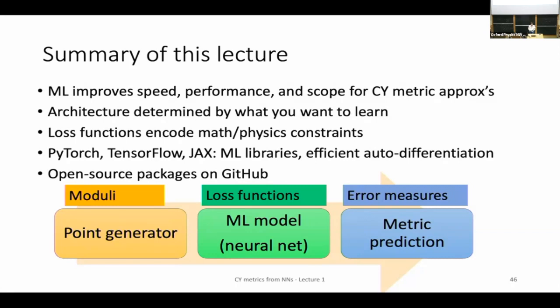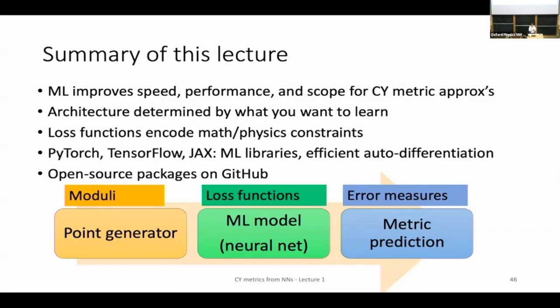The loss functions are key, so that's really where the physics and the math comes into these implementations. That's where you encode your knowledge about Kähler geometry, about Calabi-Yau geometry, and about the equations that need to be satisfied. You use these standard machine learning libraries that allow you to efficiently train your network and to efficiently compute derivatives, and that's something that is key for these things to work and to be fast and reliable.